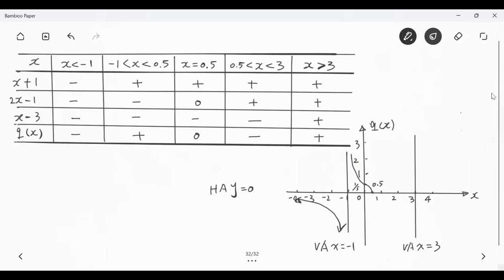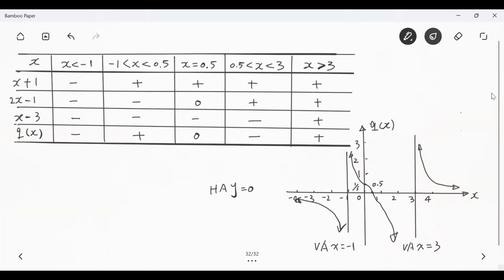After x more than 0.5, we can see the y value is negative. So it looks like that. And then x more than 3, its y value is positive. So it's above the x-axis, right? So the graph looks like that.